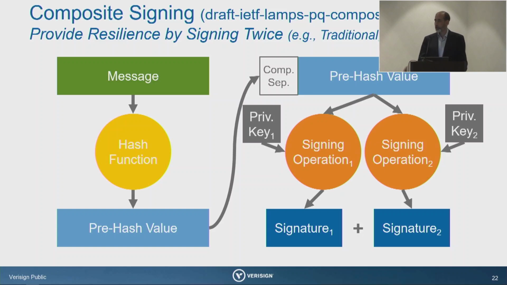So I consider that a mode of operation. It's a mode of operation of two signature algorithms. What's notable about this particular mode of operation is that there's no context string in it, in the draft. So that was one of the comments made back to LAMPS. The underlying signature algorithms, at least the post-quantum, might have a context string.